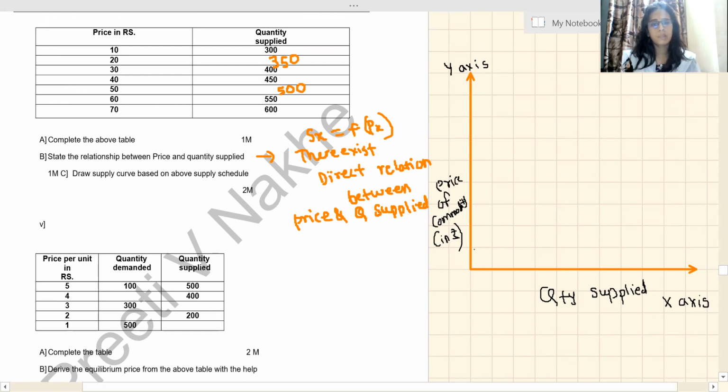Now you can see we can take 10, 20, 1 centimeter difference, 30, 40, 50, 60, and 70. And here we can show 300. Then next 1 centimeter, 350. Next 400. Next 450. Next 500. Next 550, and next 600.